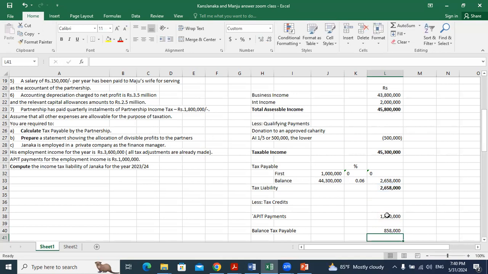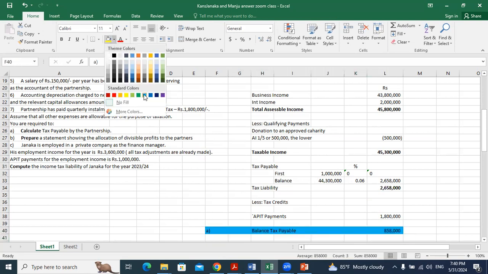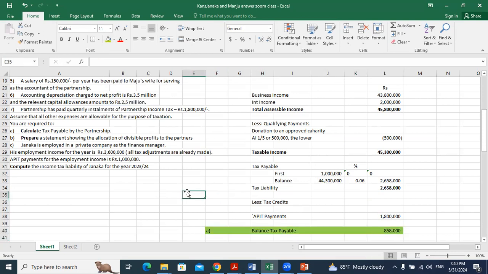This is the answer for part A. Part B is to calculate the tax payable by the partners. Anything to ask before proceeding?